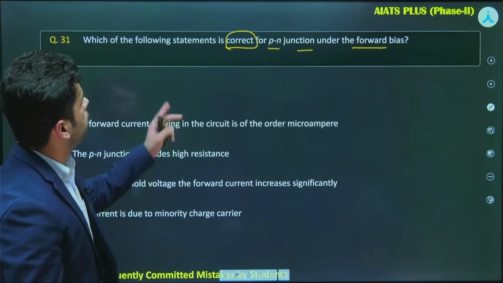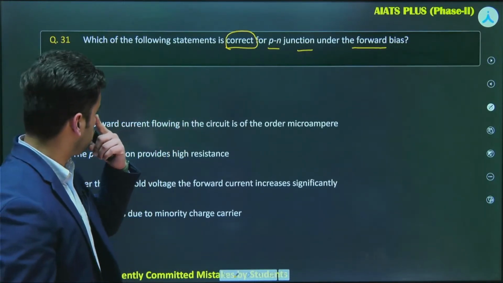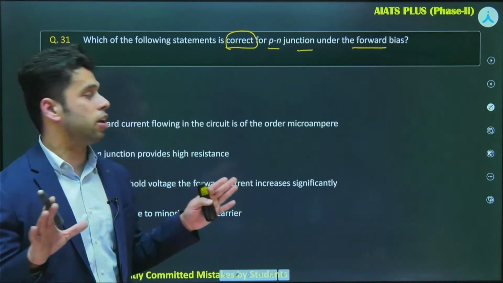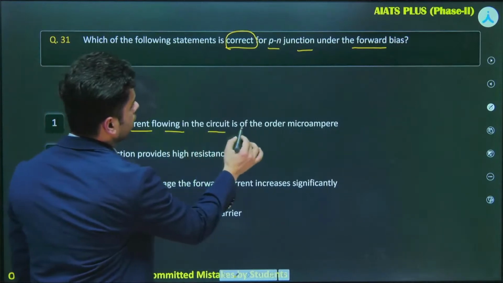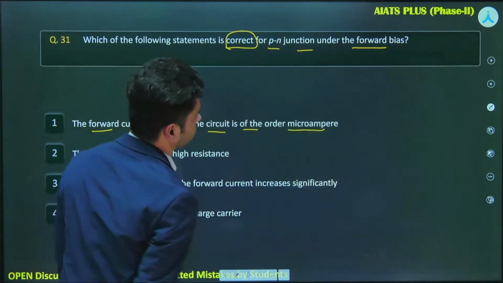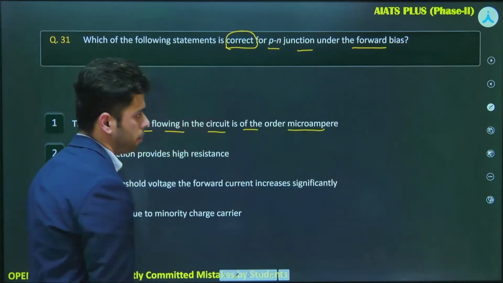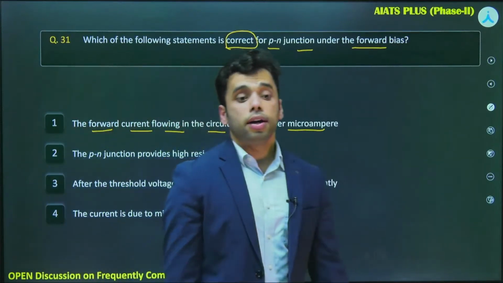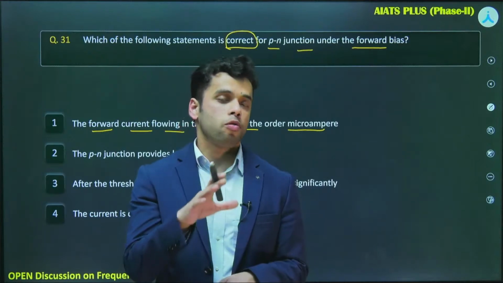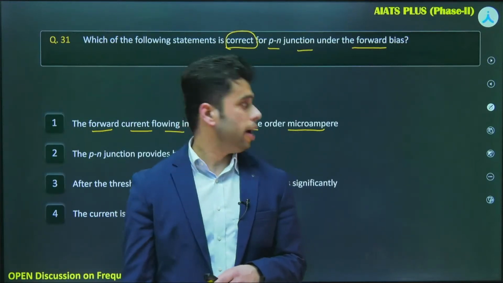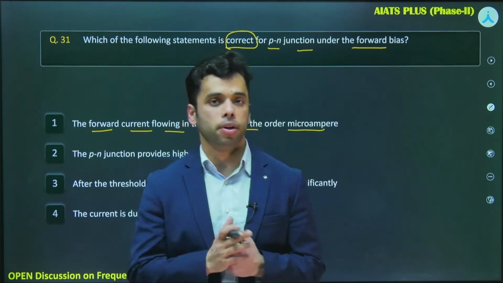We need to pick the correct statement for PN junction under the forward bias. And the very first statement says that the forward current flowing in the circuit is of the order microampere. So the first statement says that whatever current is flowing in the forward biased PN junction is of the order microampere.